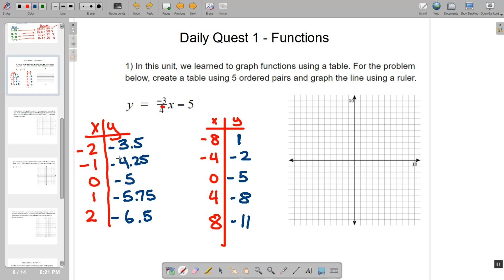Now, personally, I like the table on the left because these x values are always the same. But if I decided to graph this information, I should be getting the same line both ways. Okay, so then there, and there. And if I ended up graphing the other line, I should be getting the same thing as well.